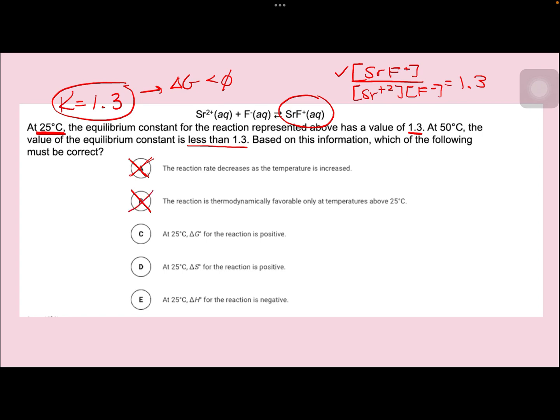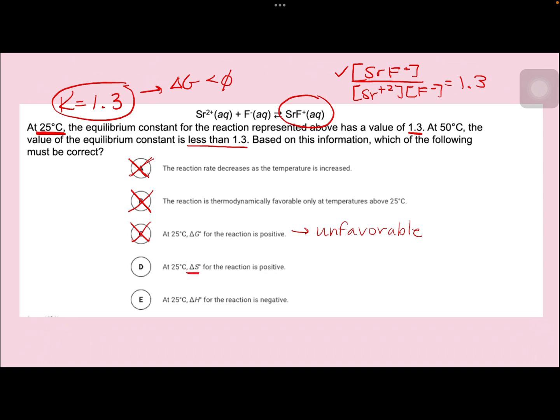For choice C, at 25 degrees Celsius, the delta G for the reaction is positive. That would be unfavorable, which we already determined is not going to be true because we have a K value greater than 1. Choice D, at 25 degrees Celsius, the delta S for the reaction is positive.